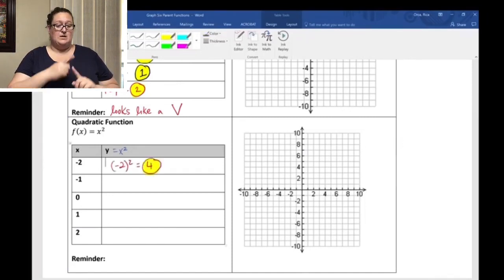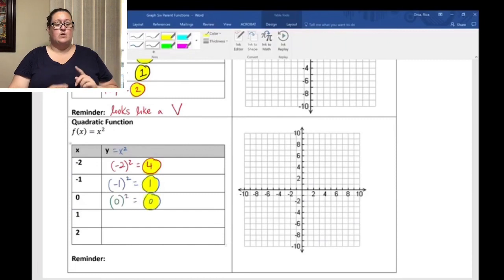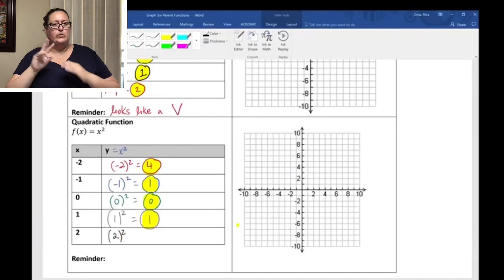When x equals -1, y will equal -1 squared, which is 1. When x equals 0, y will equal 0 squared, which is 0. When x equals 1, y will equal 1 squared, which is 1. When x equals 2, y will equal 2 squared, which is 4.